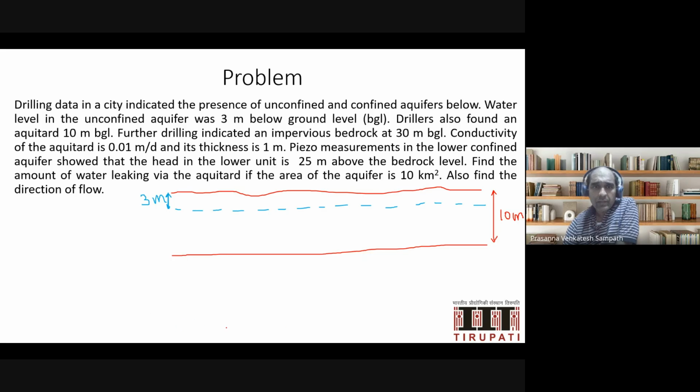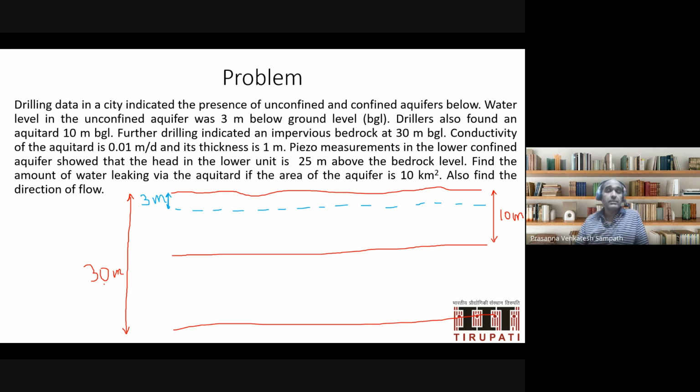It's not going to be to scale, but this distance is 30 meters. Conductivity of the aquitard is 0.01 meters per day and its thickness is 1 meter. Very interesting. So I'm going to make this aquitard 1 meter thick.